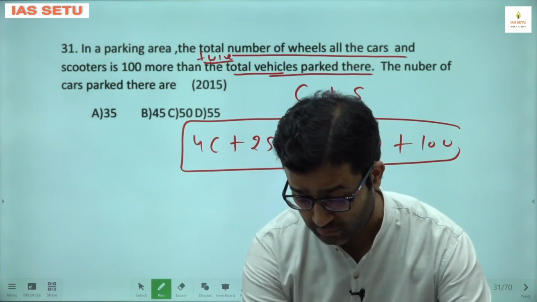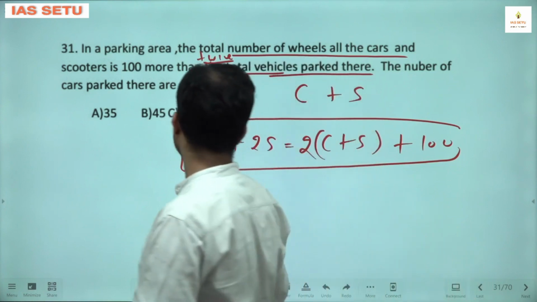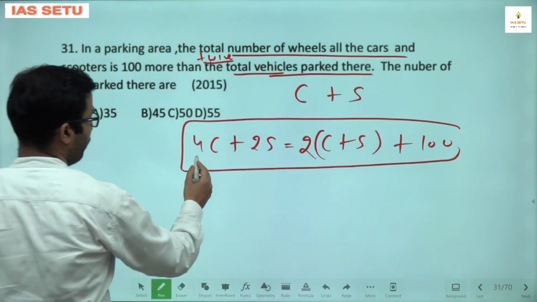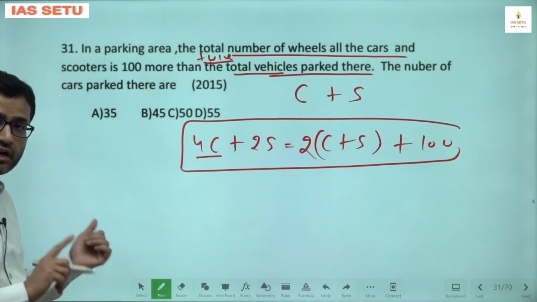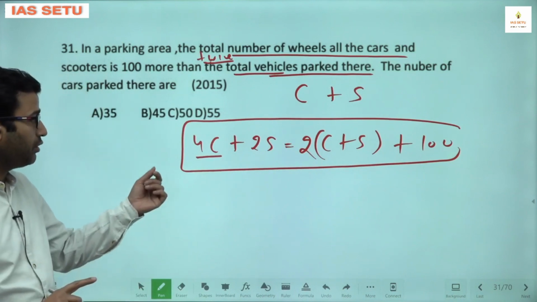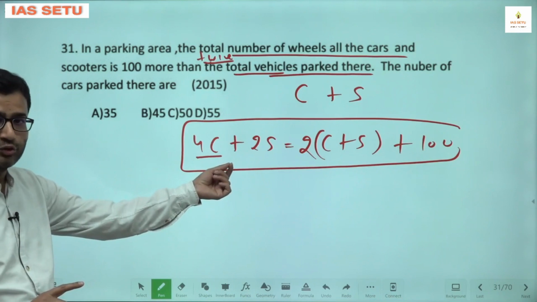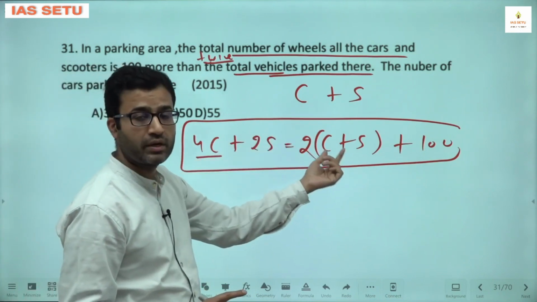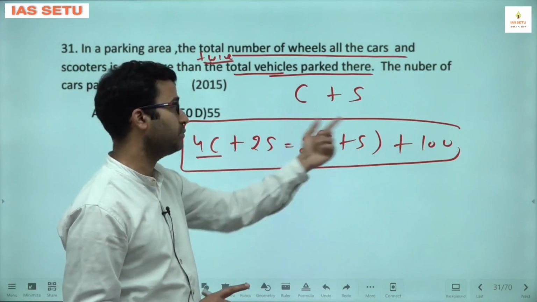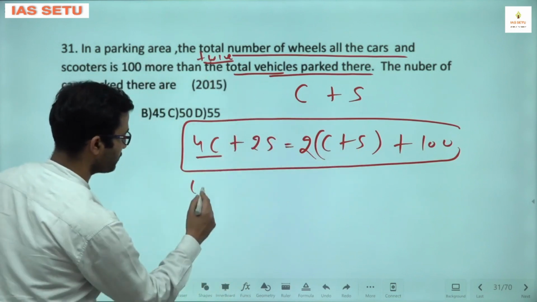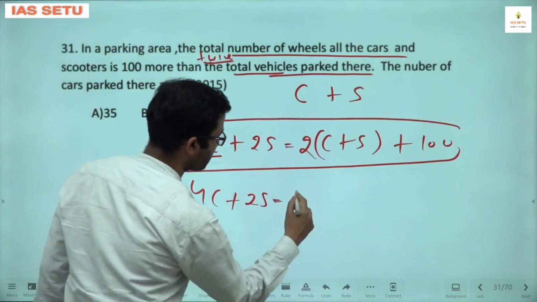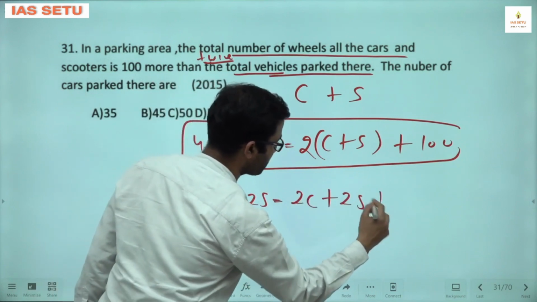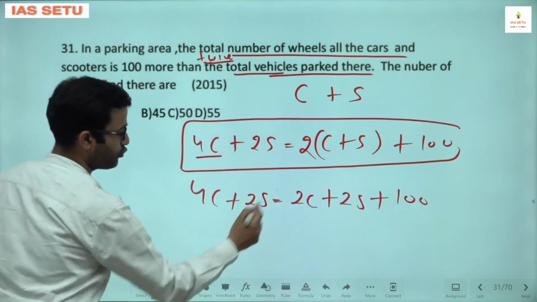So it is 4C, because every car has 4 wheels, 2S, every scooter has 2 wheels, twice the number of vehicles, number of car plus scooter, twice, plus 100 extra. So here this is 4C plus 2S is equal to 2C plus 2S plus 100. 2S cancel.